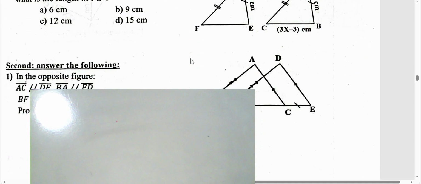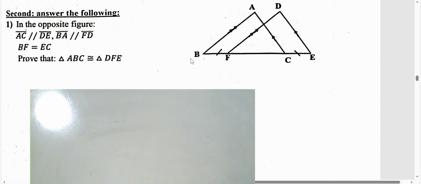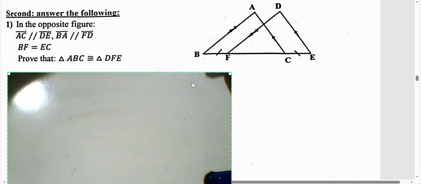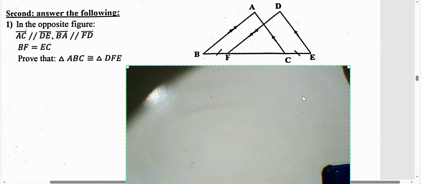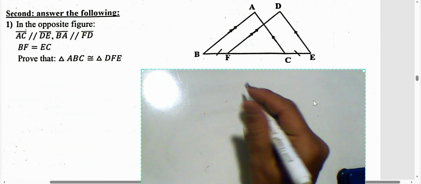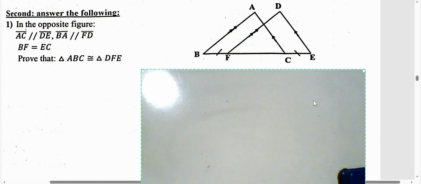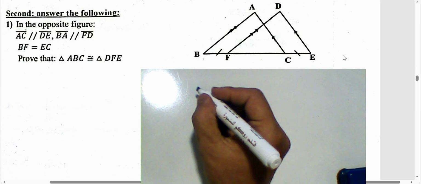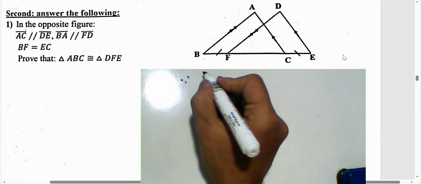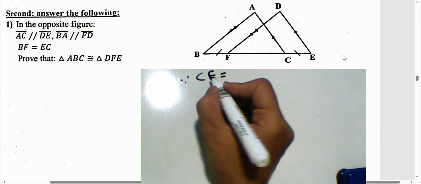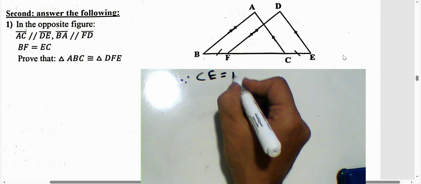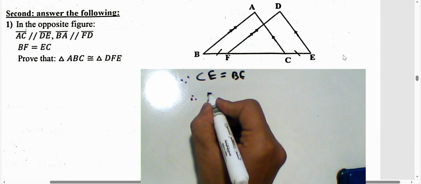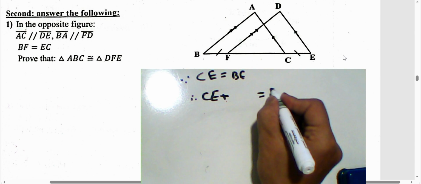Next question. Prove that the two triangles are congruent. Okay, I solved this example for you in one minute. You remember? In this example, we have a new solution. We must add FC to the left-hand side and the right-hand side, such that CE is equal to PF, then CA plus FC and PF plus FC.